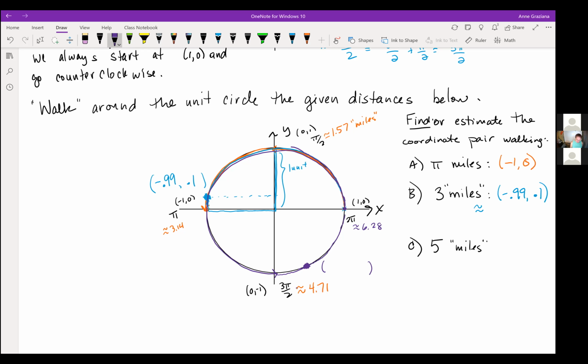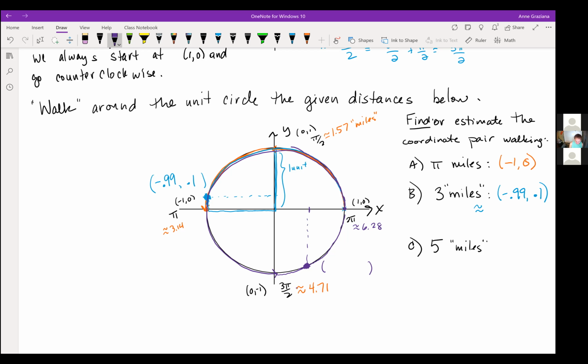All right, so now let's estimate this point. What would be my x coordinate? I would have to go about this far, maybe a little bit less. I went a little too far there. I still did it again. What did you guys say it is? What would be the x coordinate?